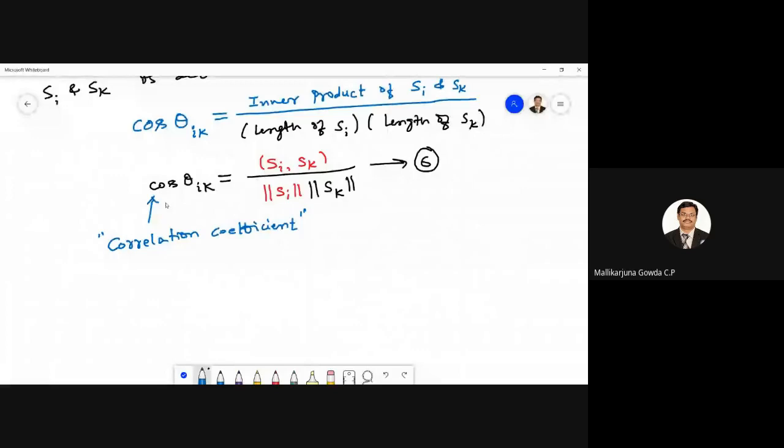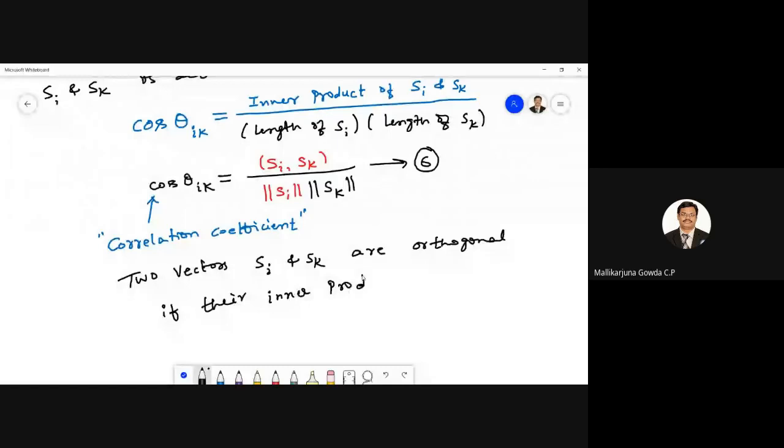If their inner product is 0, then I can say that the two vectors are orthogonal to each other. Hope this point is clear.